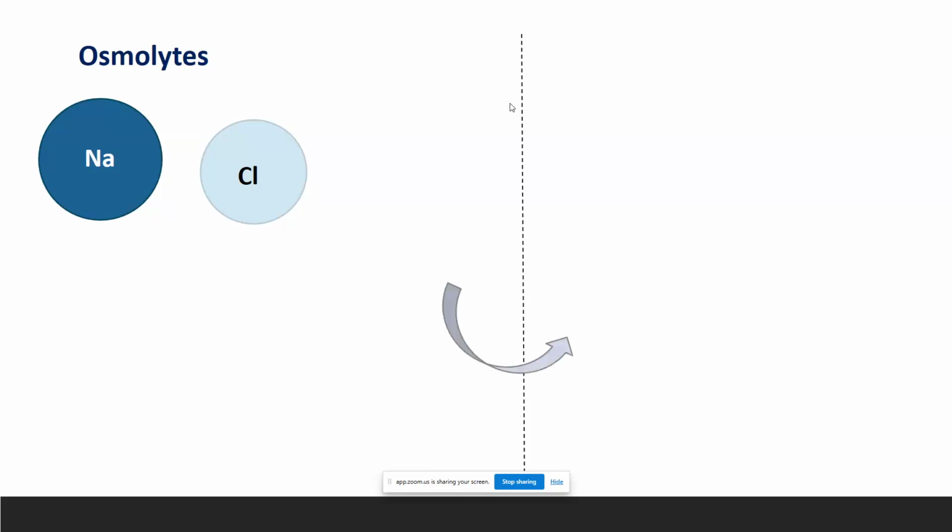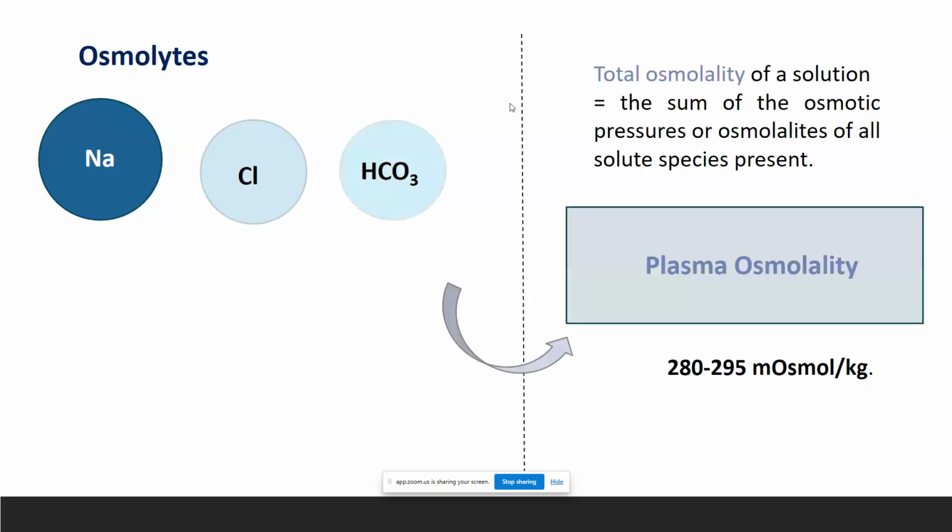The electrolytes sodium, chloride and bicarbonate are present in relatively high concentrations and thereby make the greatest contributions to serum osmolality. Non-electrolytes such as glucose and urea, which are present normally at lower molar concentrations, contribute less.